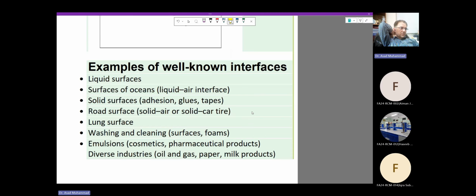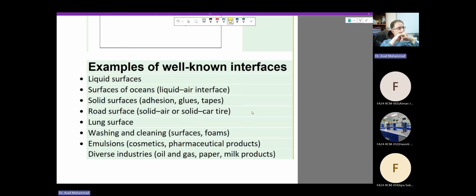Then we have solid surfaces, where we look at adhesion, glue and tapes. We have road surfaces, where we look at the solid-air or car tire interface. Then we have the lung surface, which is quite a natural phenomenon, because in the lungs there is a lot of gas exchange, surfactant is involved, and surface area is involved. It is doing a big job.